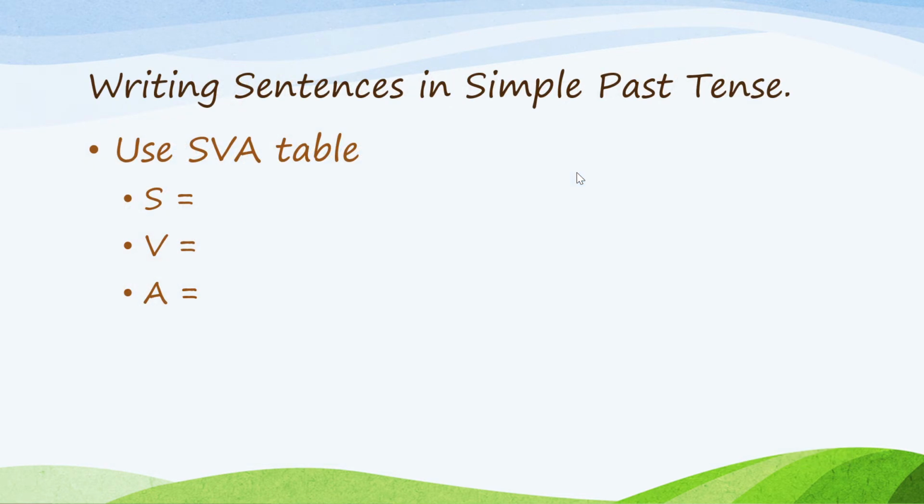Now, kids, this session will be our way to make a simple sentence using simple past tense. Alright, but first of all, I want to introduce to you with SVA. Okay, because we want to use SVA table, so before that, let us know about SVA first.